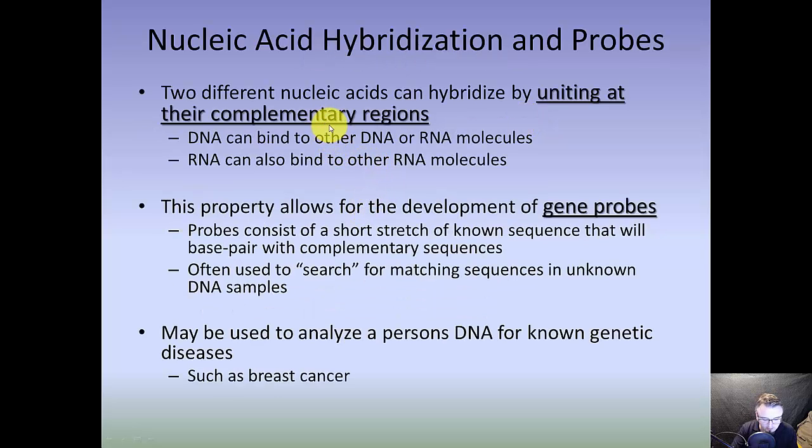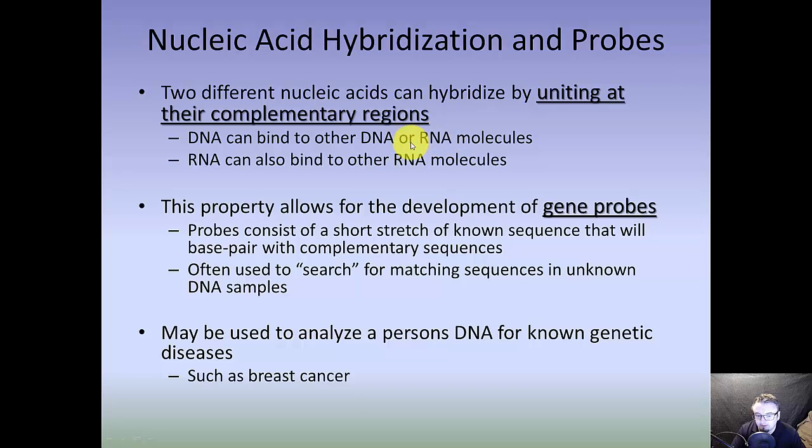Okay. The next part is in reference to how DNA can be used as kind of like a tracing pattern to find different unknown sequences. So DNA consists of billions and billions of nucleotides, these stretches that go on seemingly forever at the molecular level.